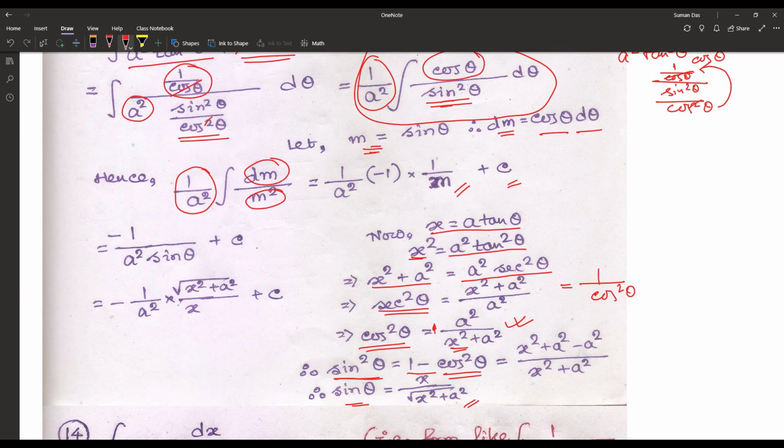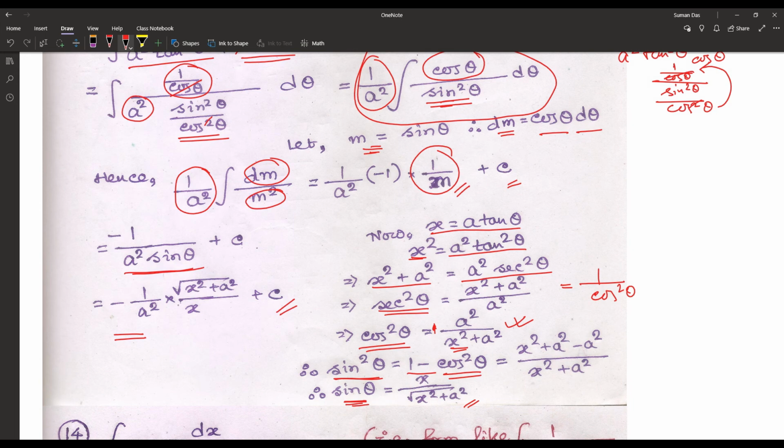So if we write 1 by m, that is 1 by sin theta, then we get square root of x square plus a square by x. So the final result must be minus 1 by a square into square root of x square plus a square by x, plus the integration constant.